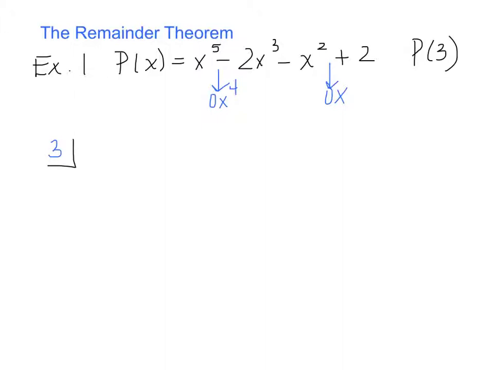Notice I'm dividing by 3, not the opposite. So my first coefficient is 1, then I've got to use 0, then -2, then -1, then 0, then 2.